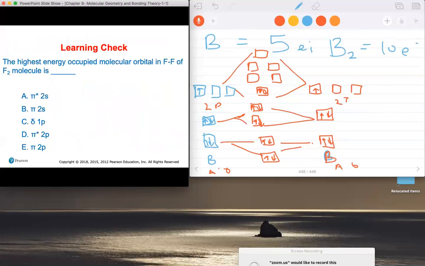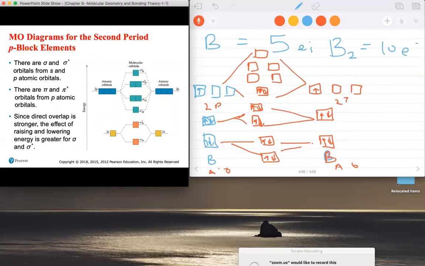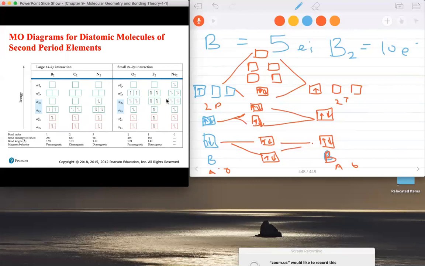So the point here is to draw the orbital filling diagram, the molecular orbital diagram, and fill in the electrons from the atomic orbitals.